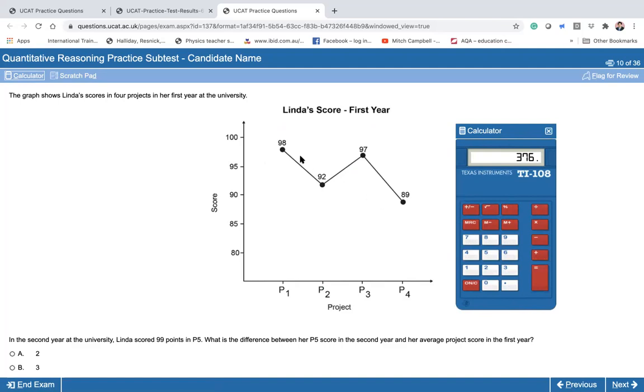The formula for average is you add all the numbers and divide by the total number of numbers. When you add all the numbers, you get 376. There are 4 numbers, so you divide by 4 and you get 94. So the average is 94.